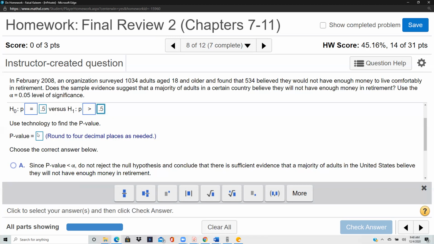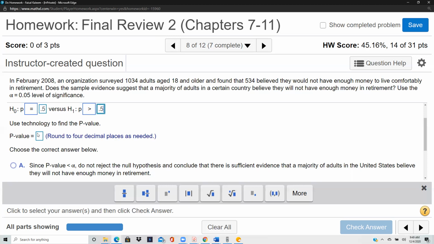Why not? Why don't you think so? What made you even think of proportion stats? Because it's p-value. But p-value appears in all three situations.